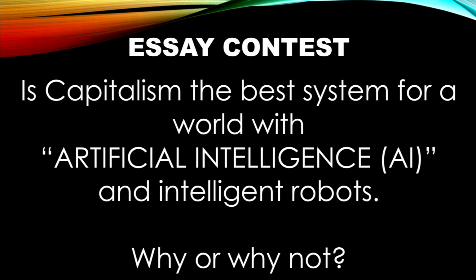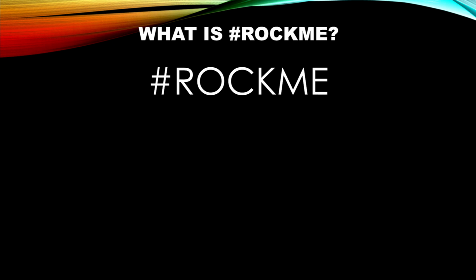So artificial intelligence is here. It's becoming a part of our lives more and more. And what we want the students to know is: is capitalism the best system for making good use of artificial intelligence, making ethical use of artificial intelligence, and for enhancing the lives of people throughout the world? So that's the next contest, and we'll see how the students do.